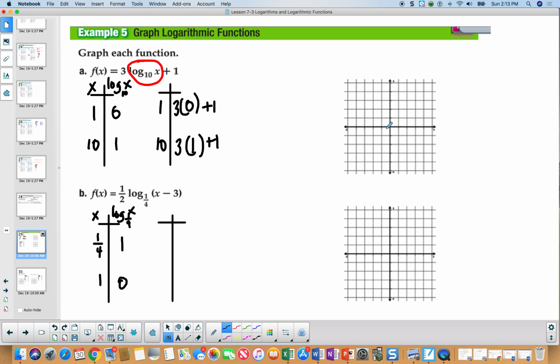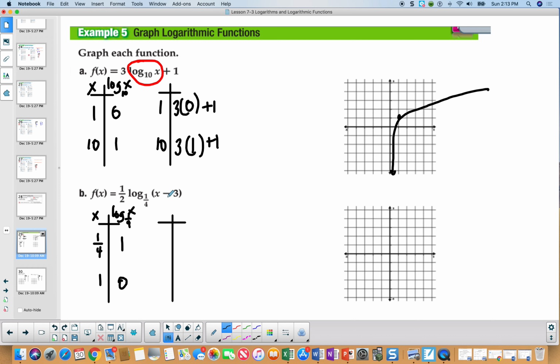So let me go ahead and graph this. This is (1, 1). And then this is going to be 10, and then that's going to be 4. 1, 2, 3, 4, 5. Okay, 10, and then about up 4. So the graph is going to look something like that, because as we get close to 0, we have to have an asymptote.